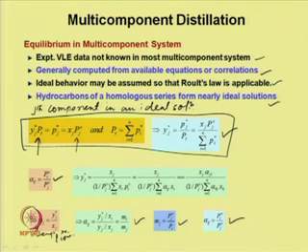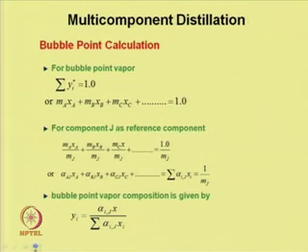Now, we will look at how to do the bubble point and dew point calculations. For bubble point calculations, if it is bubble point vapor, summation over y i star would be equal to 1.0. So, we can write m a x a plus m b x b plus m c x c and so on would be 1.0.